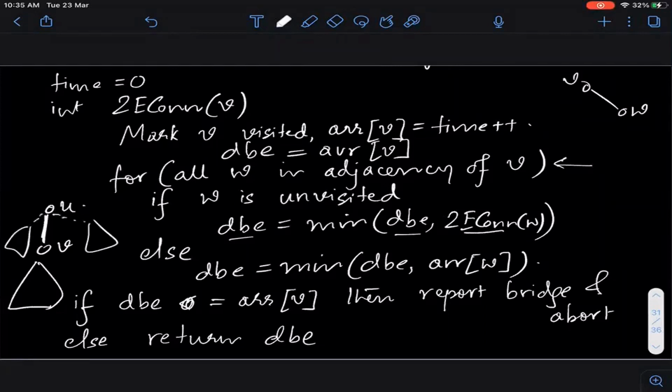So what can happen is that after you arrived at U, you might have visited those children first, and then you are visiting V, right? So it's not necessary that the arrival time of V is exactly 1 more than the arrival time of U. But surely we can say that arrival of U is less than the arrival of V.